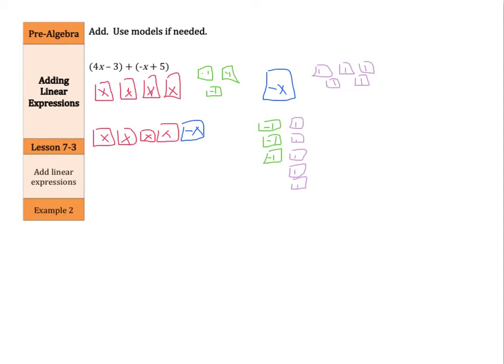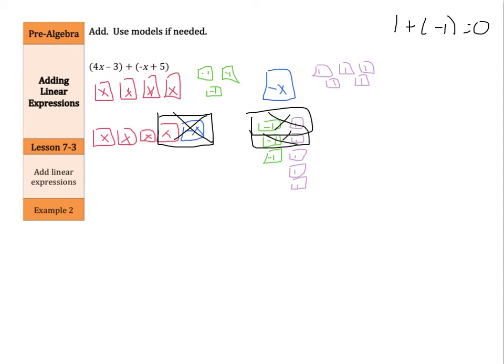Now things cancel out as zero pairs. Remember, negative 1 plus 1 is 0, and 1 plus negative 1 equals 0. So this x plus negative x cancels out, as does each negative 1 plus 1.